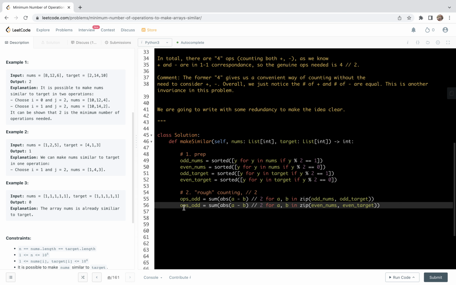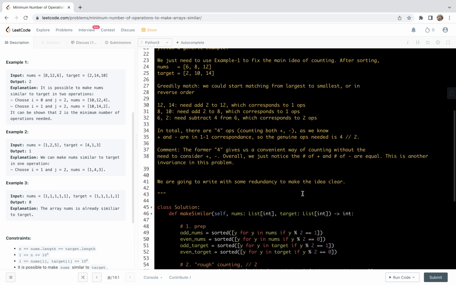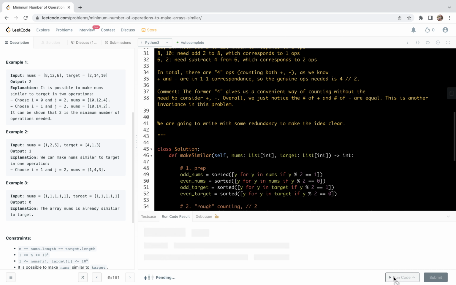Notice that in the current counting of odd operations or even operations, we didn't distinguish plus or minus, right? So what we are going to return is nothing but ops odd plus ops even, and then divide by 2. That's actually a translation of the above analysis.